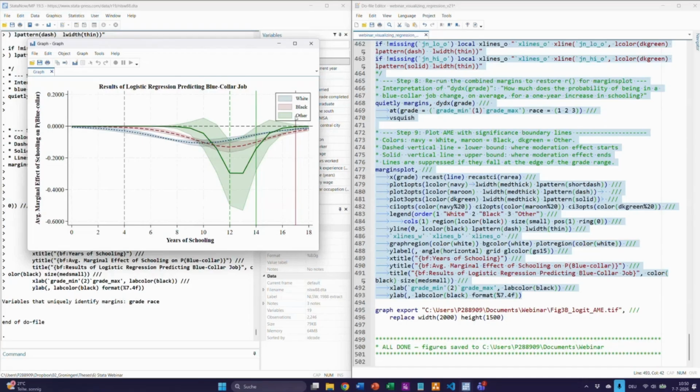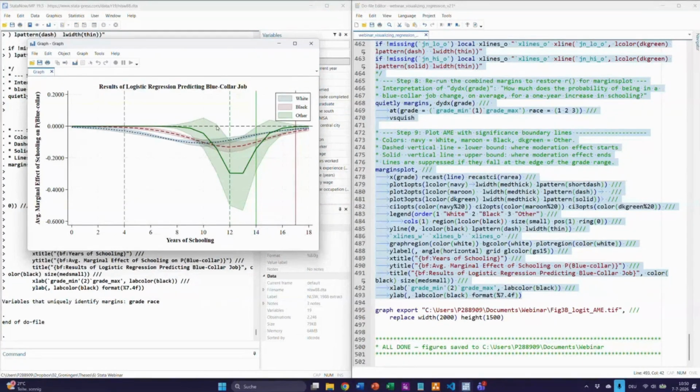And for the group other, for example, we have a green line, a vertical green line. The dotted green line is where the significance starts. That's at year 12. So you see with the confidence intervals, they just about touch the horizontal 0 line.